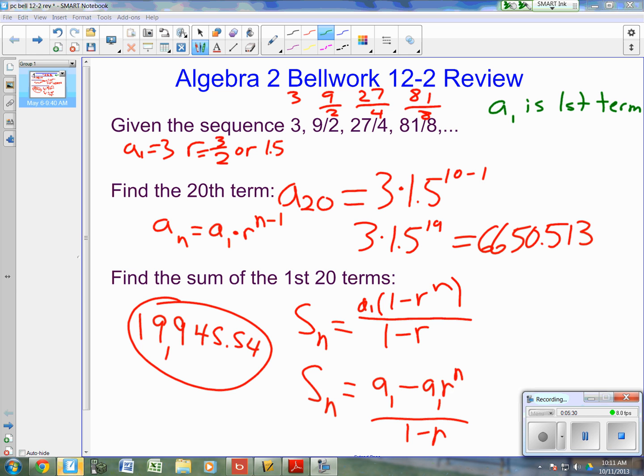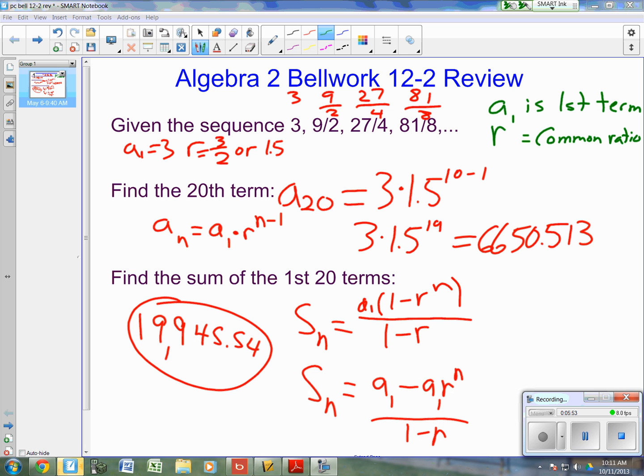Okay? What does R stand for? What is R, you guys? It's called the common ratio. It's the number that you're timesing the previous term by to get the next term. So what was our common ratio in this one? 3 over 2.